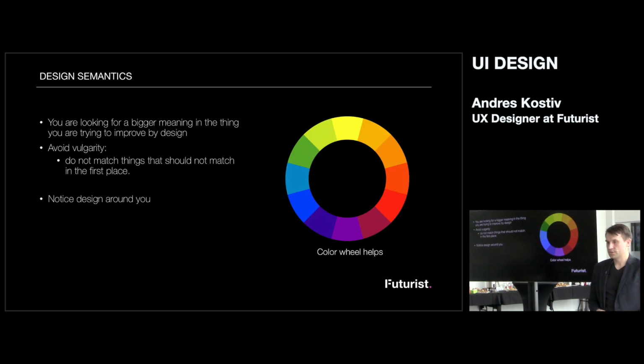But I would like to focus on some points of what I'm focusing on when I'm designing something. First thing is design semantics. So when you're designing something, you are not just designing what you are told, which is usually the customer saying to the agency, throw this box here and this box there and this text there.